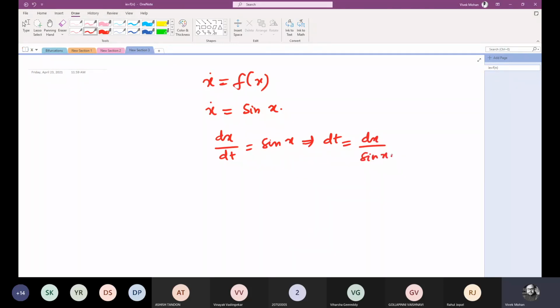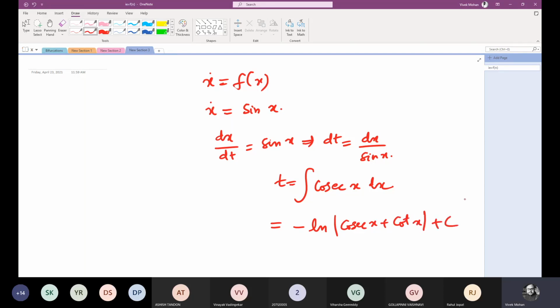Okay, we are trying to solve for t. So t equals integral of cosec x dx. Now, when I am integrating it, I am getting minus natural logarithm of cosec x plus cot x plus c.